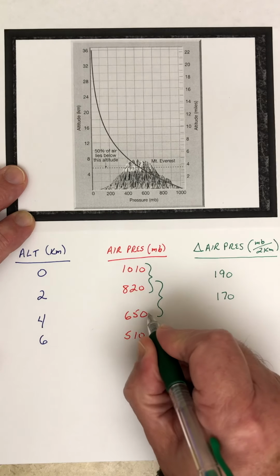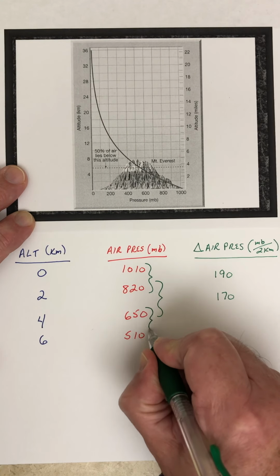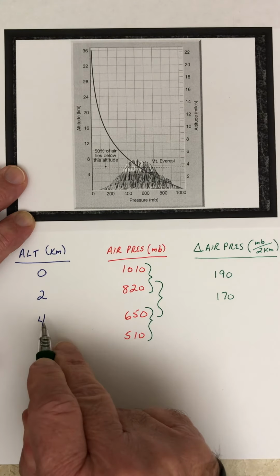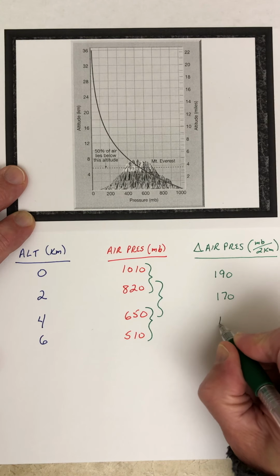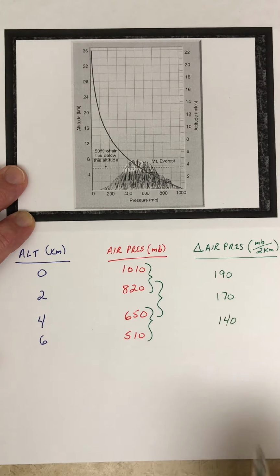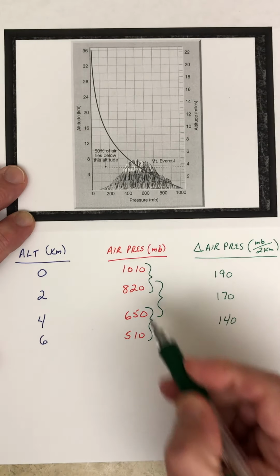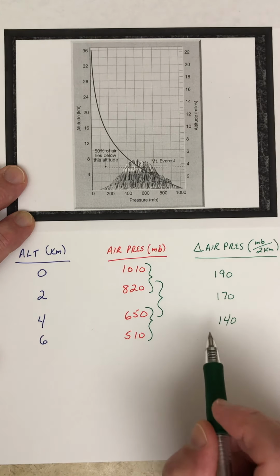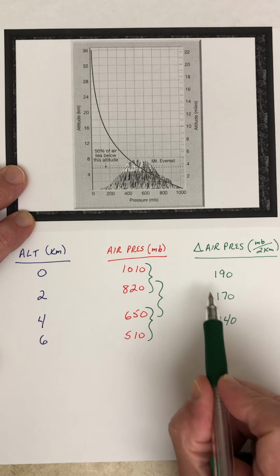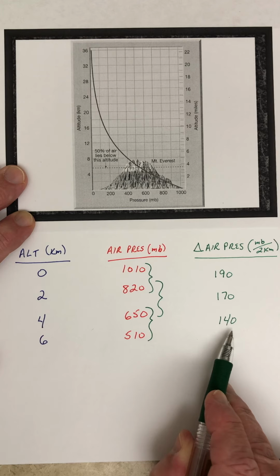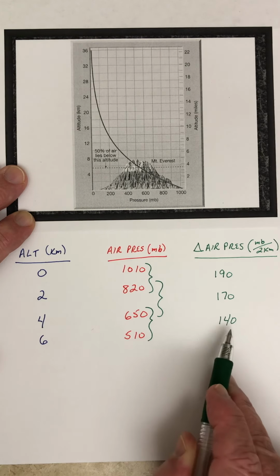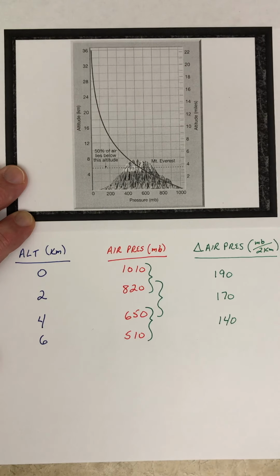So the change in air pressure between 4 and 6 kilometers is 140 millibars over that 2 kilometers. Has the pressure decreased? Yes, it has. What can we say about the rate of decrease? The air pressure is decreasing, but it's decreasing at a decreasing rate.